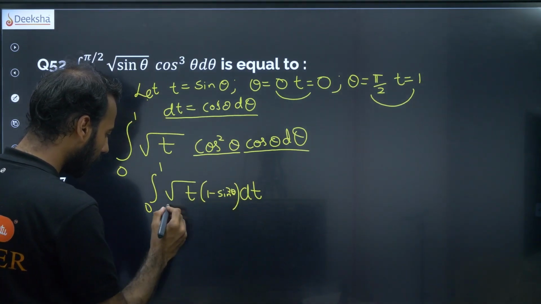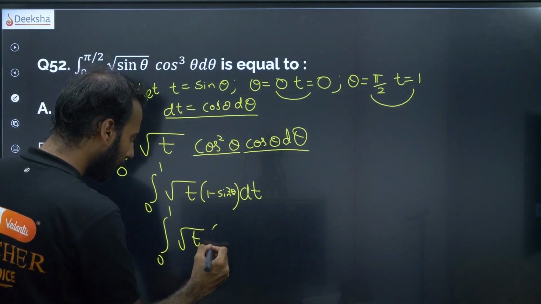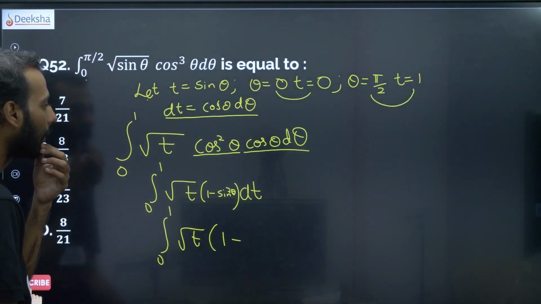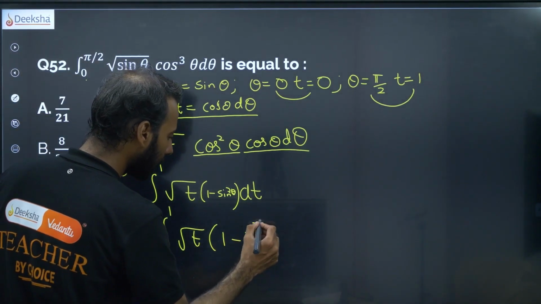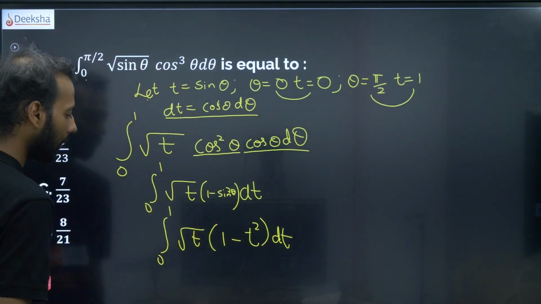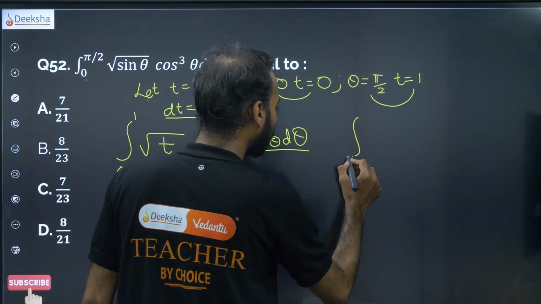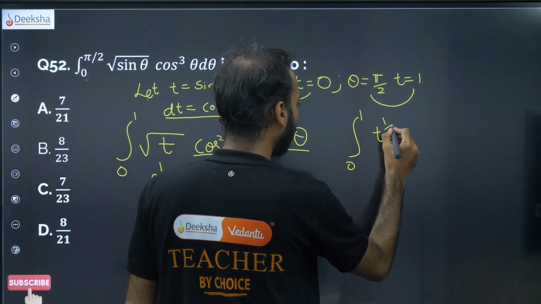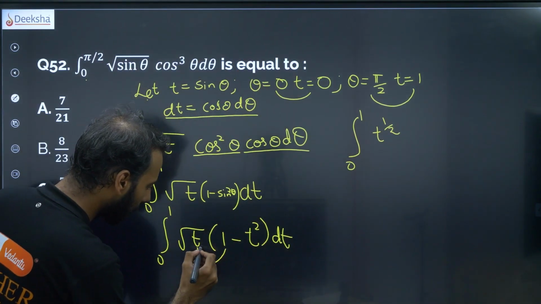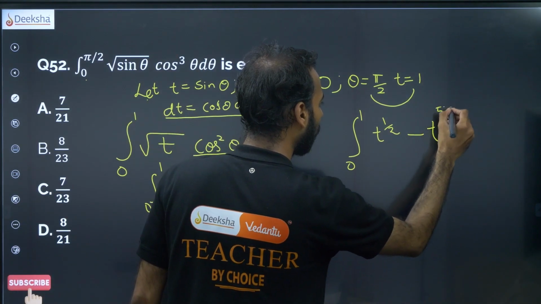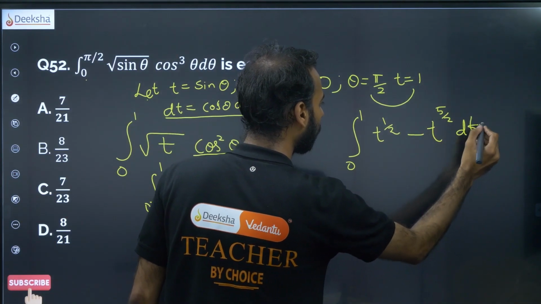So 0 to 1 root t times 1 minus sin square theta. For sin square theta I will write t square, since sin theta is t. Next, 0 to 1, t power 1 by 2 multiplied here, minus t power 5 by 2 dt.